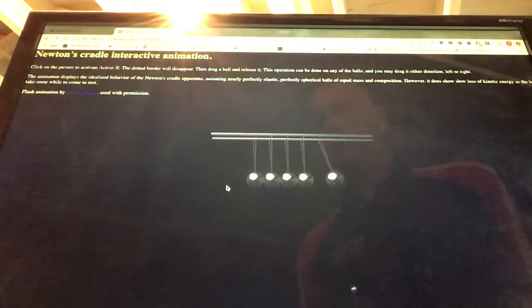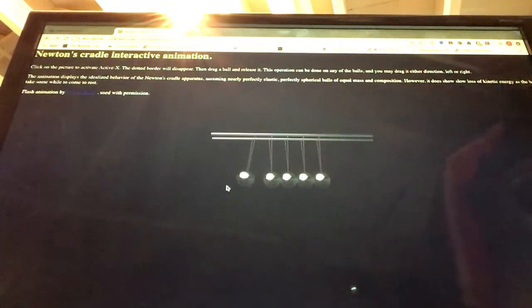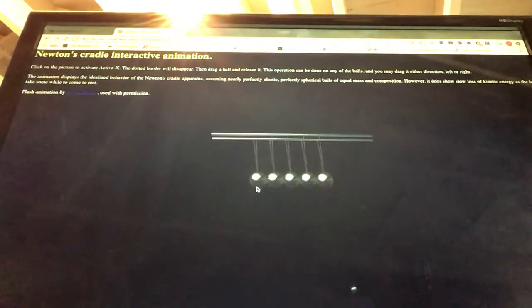It's called a Newtonian demonstrator, but you can demonstrate all of Newton's laws with this thing. I'm trying to get it to go to rest. There we go.